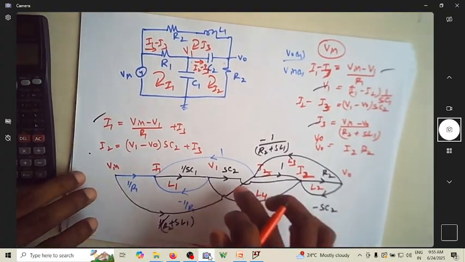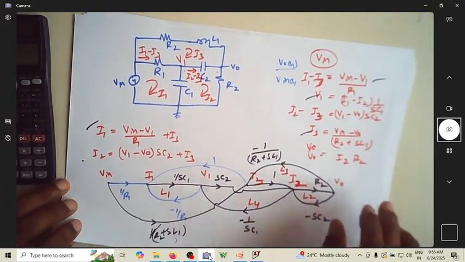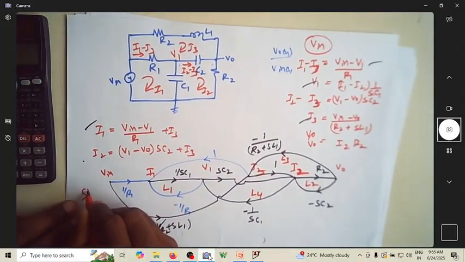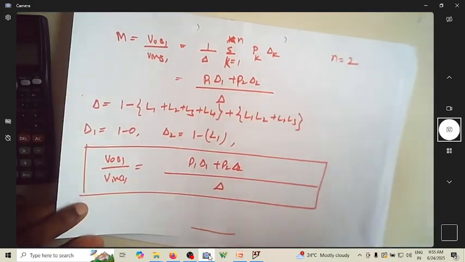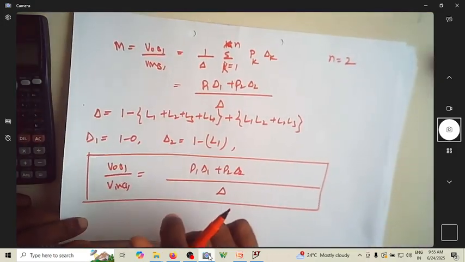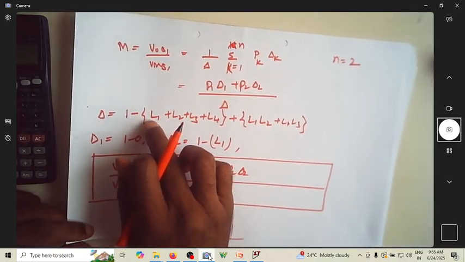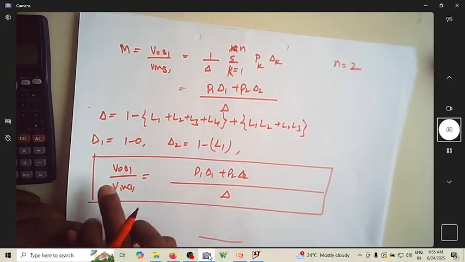Once you're done with that, you can easily plug in the equations to form a signal flow graph, and then write the equation to get the overall transfer function in terms of forward paths, individual loops, non-touching loops, and delta 1, delta 2.